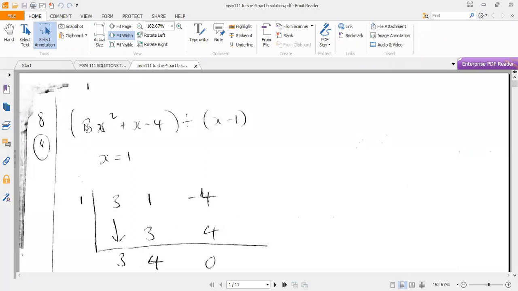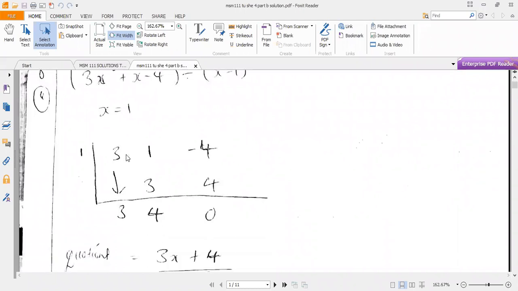So what you do with synthetic division is that you first equate this factor of yours to 0. So you solve for x. x minus 1 is equal to 0. When the 1 goes to the right-hand side, it becomes positive, so x is equal to 1. Then you write it in this form.